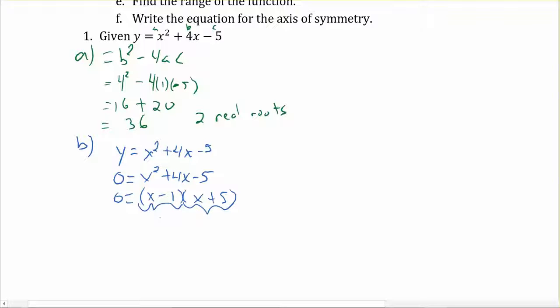That's going to be when x is equal to positive 1, and when x is equal to negative 5. So those are our x-intercepts. In point form, that would be (1, 0) and (-5, 0) for my x-intercepts.